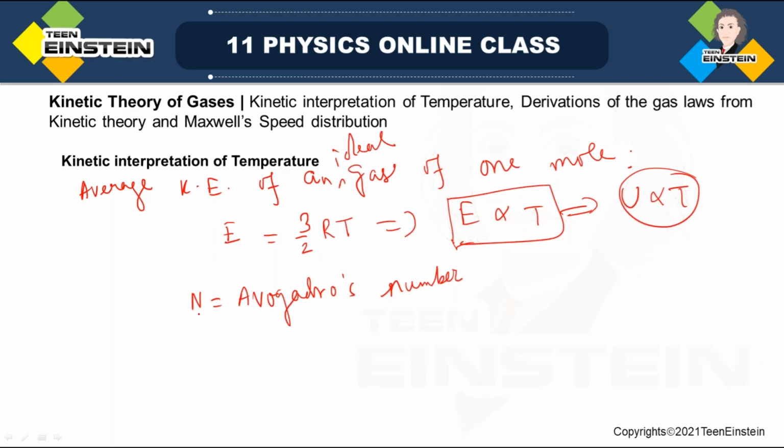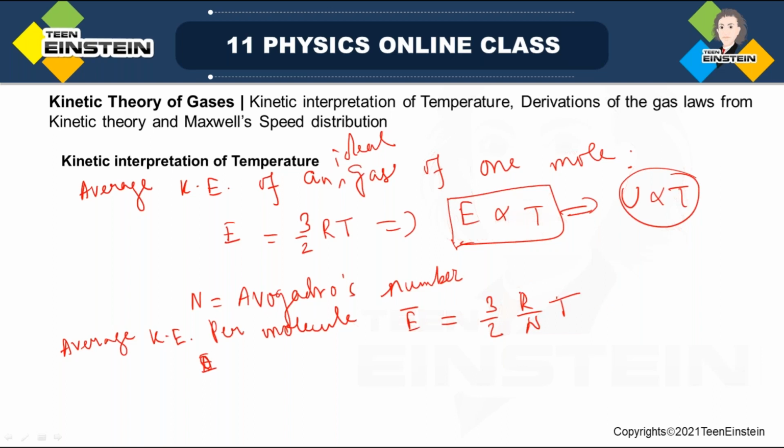So in 1 mole there are N number of molecules. So I can find out the average kinetic energy per molecule, which I can write in terms of E bar. There are N molecules in 1 mole, so I can just divide by N.